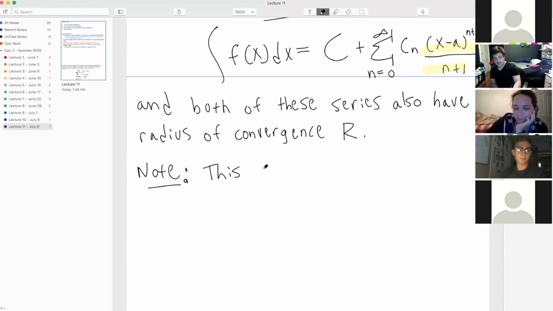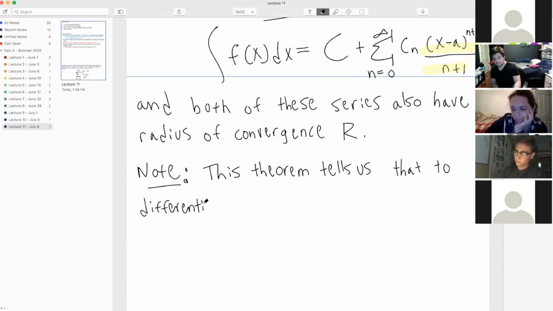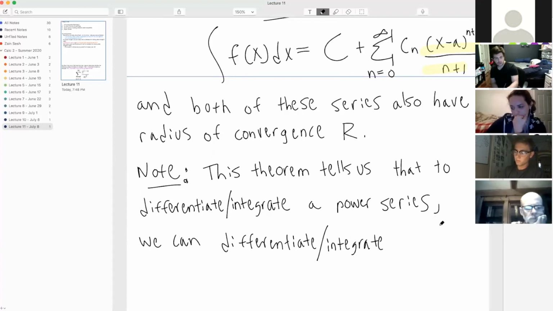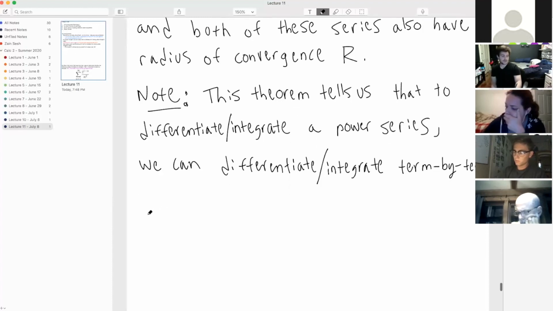So note, this theorem tells us, and this is just an intuitive explanation, that to differentiate or integrate a power series, we can differentiate or integrate term by term, as long as we're within the radius of convergence, or the interval of convergence.